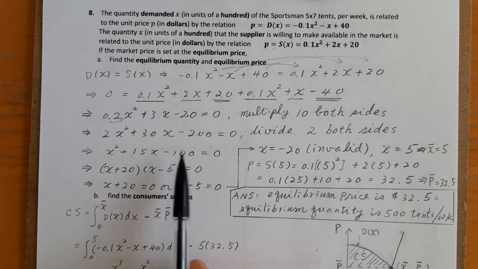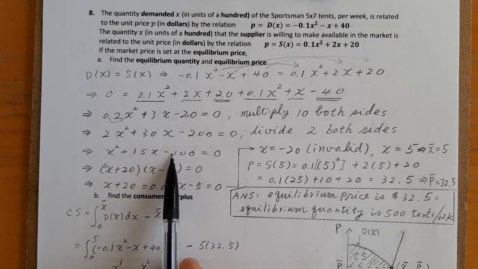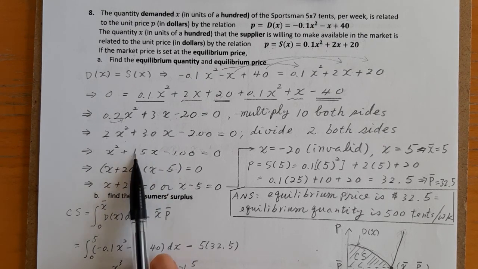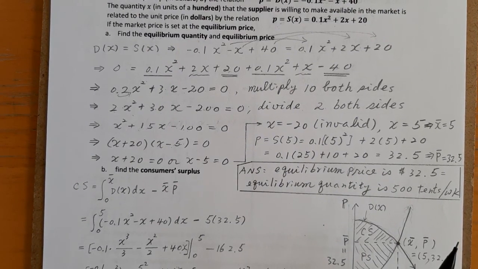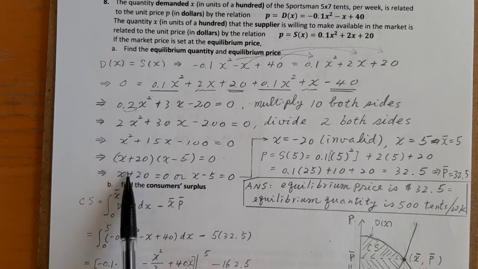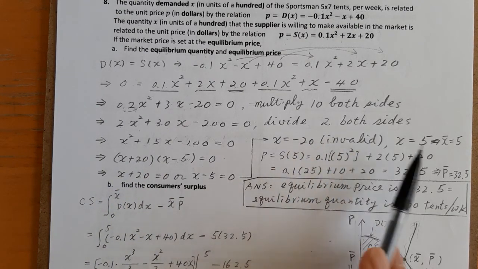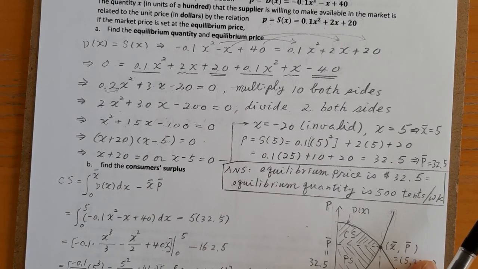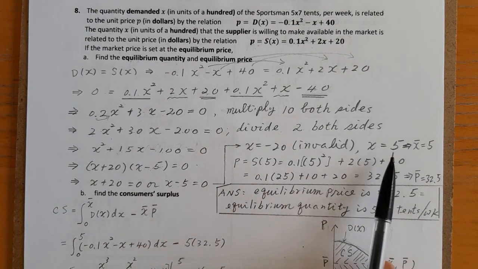So we get (x plus 20)(x minus 5). Since x equals negative 20 is invalid, because x is a number of units and cannot be negative, we use the positive solution, x equals 5.